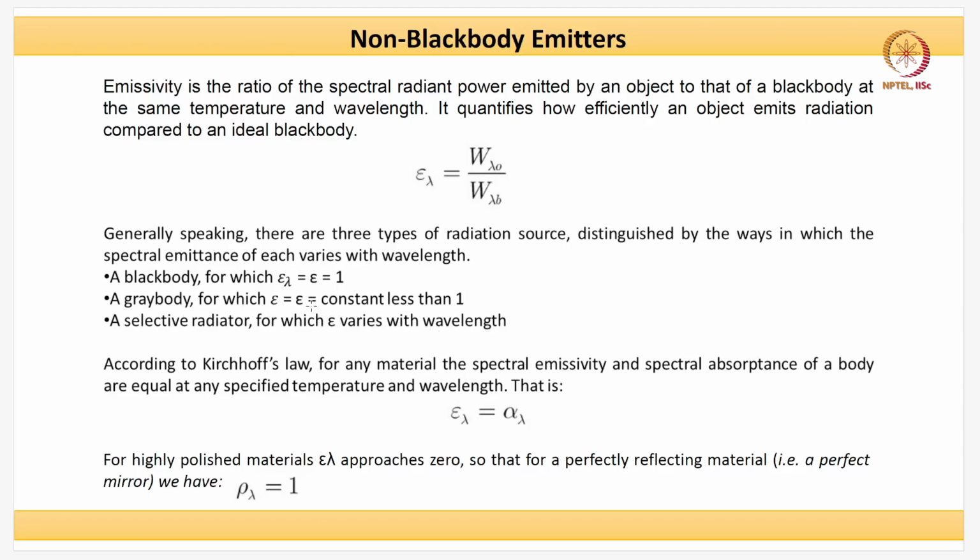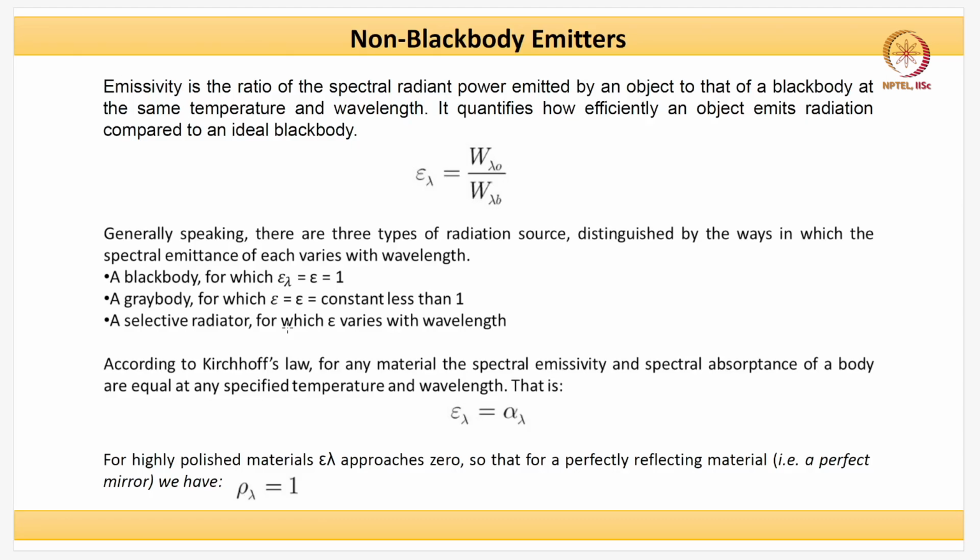In a gray body, we do not have a wavelength dependence. It is a constant across all wavelengths, but it is consistently a factor below a black body. A selective radiator, on the other hand, emits at certain wavelengths, but that varies with the wavelength you are concerned with. Many missiles and other things have selective radiators as well.